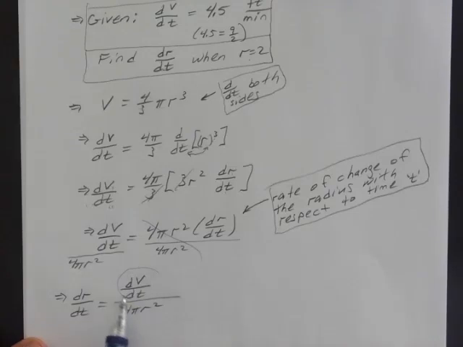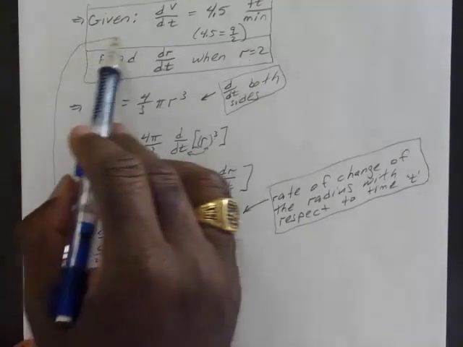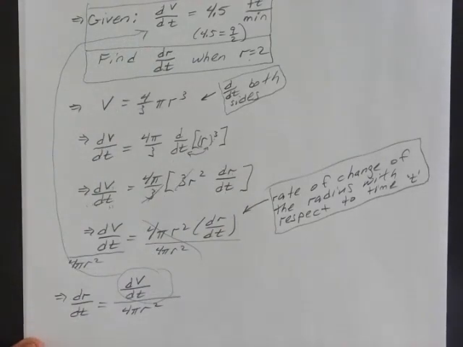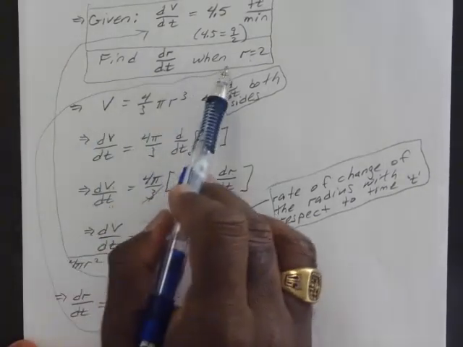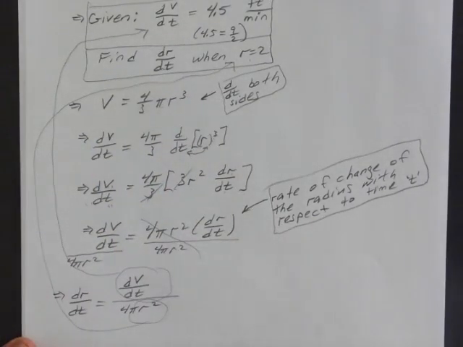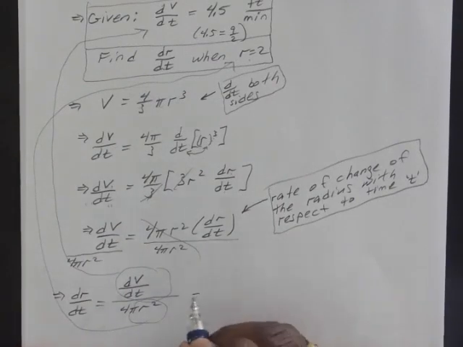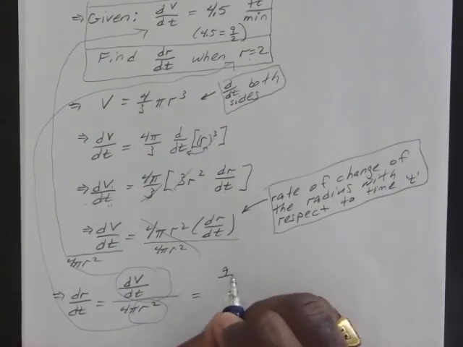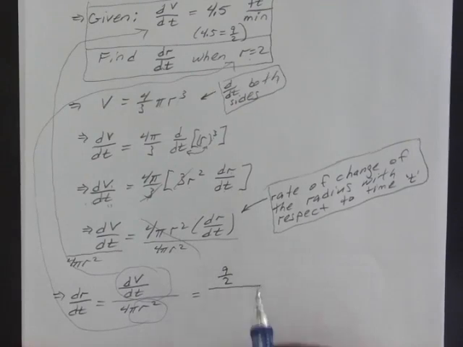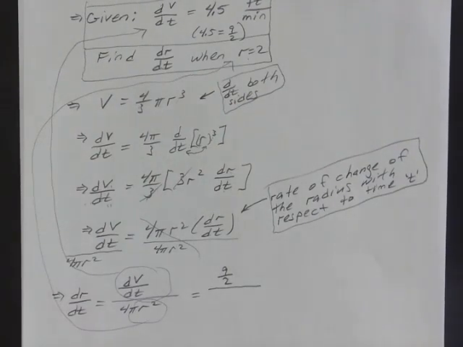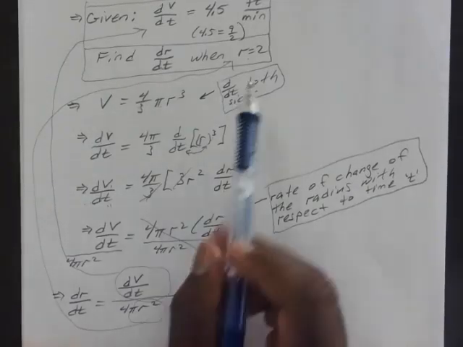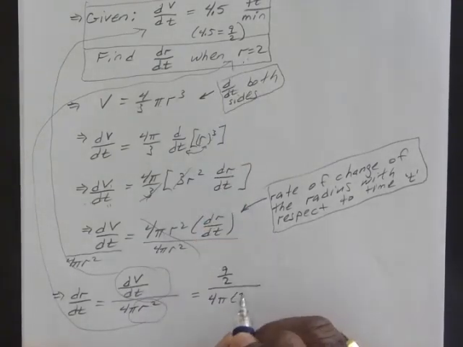Okay, well, they gave us the rate of change of the volume right at the very beginning. And we want to know when the radius is equal to 2. So if they were looking for the exact answer, we just use 9 divided by 2 instead of the 4.5, divided by 4 times pi times the radius squared, which is 2 squared.